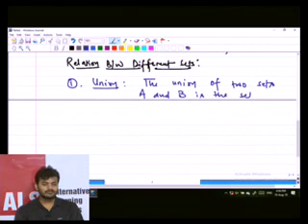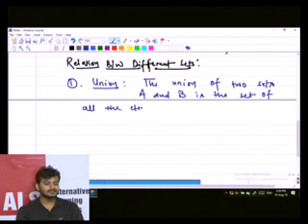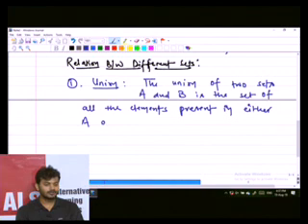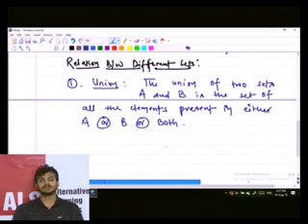is the set of all the elements present in either A or B or both, right? We have to cover all the elements which are given in A or B or in both, okay?